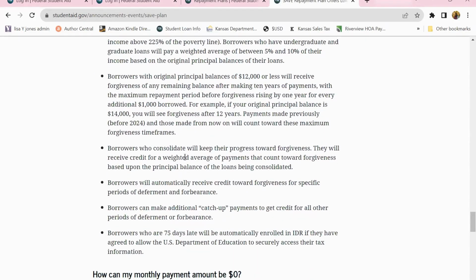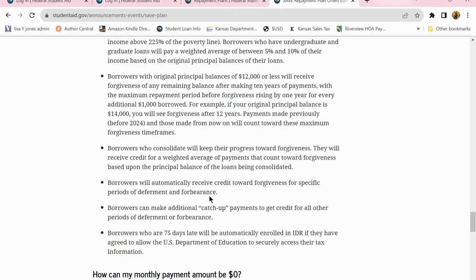Borrowers who consolidate will keep their progress towards forgiveness, but you see now why I don't recommend consolidating, because you have so many of those low 3% and 4% loans. I don't think that's a good idea. Borrowers will automatically receive credit toward forgiveness for specific periods of deferment and forbearance.